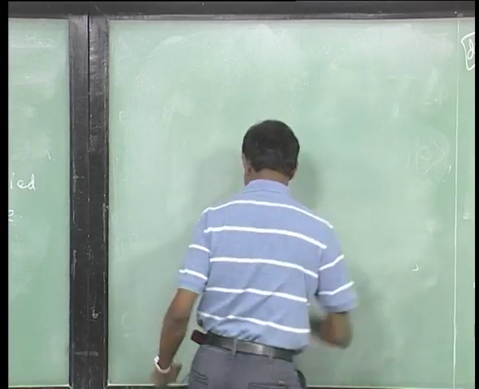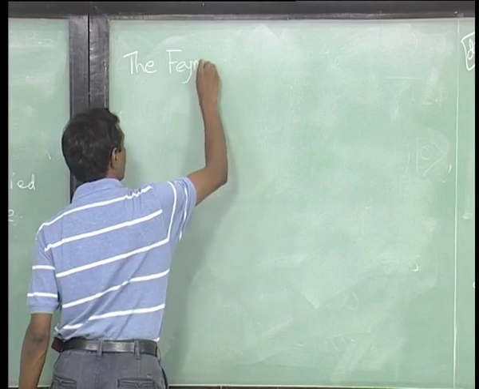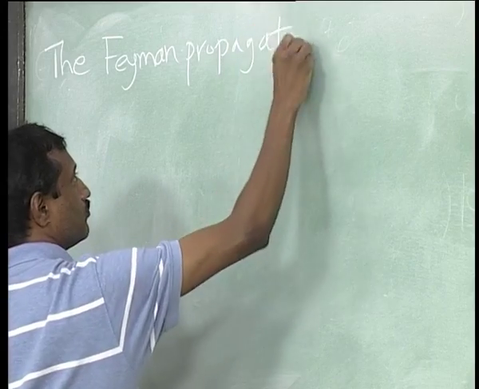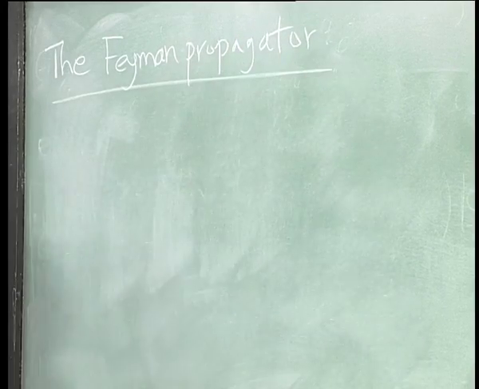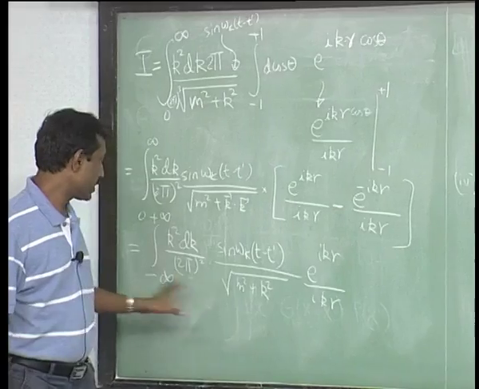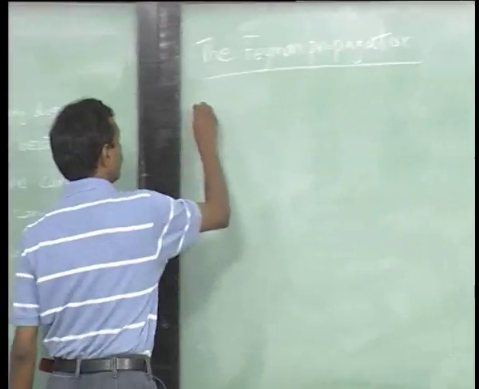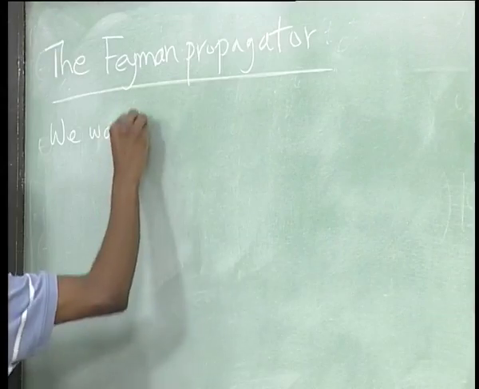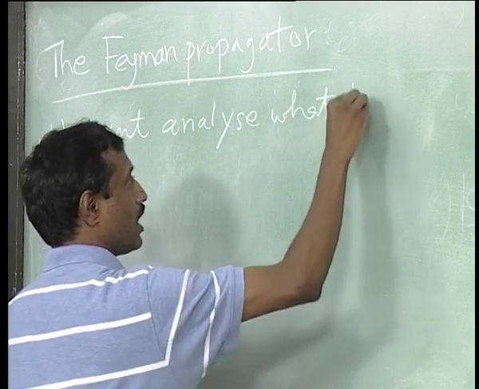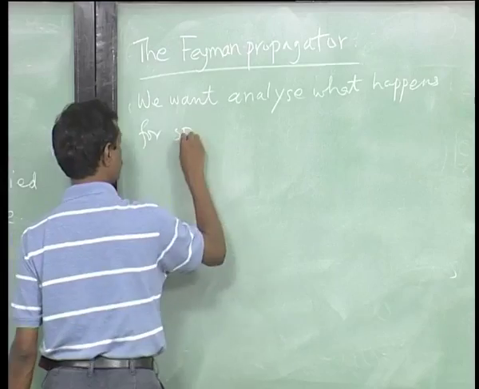Okay. So, coming back to the Feynman propagator, what you will see is that you will get similar integrations, but we want to analyze what happens for space like separations.